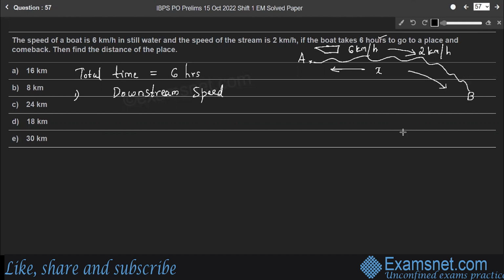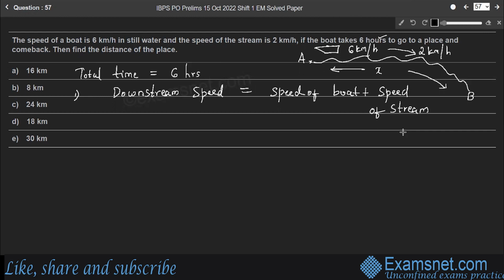So downstream speed of the boat is equal to speed of the boat, which is 6 km per hour, plus speed of the stream, because boat is moving in the direction of the stream.